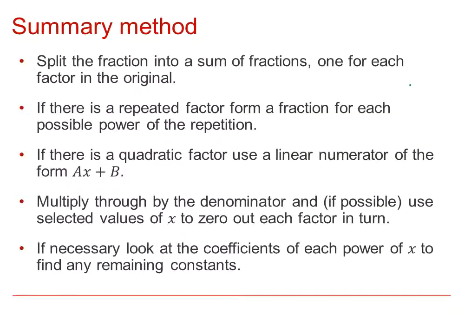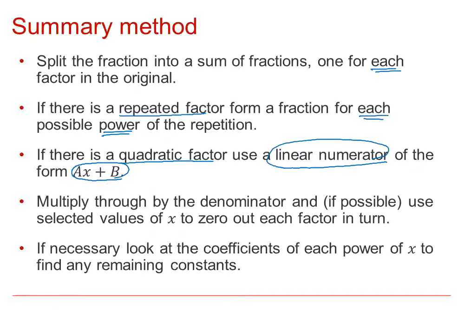If you've got linear factors, split the fraction into fractions, one each for the original factors. If there's a repeated factor, then you need a fraction for each of the powers that have been repeated. And if there's a quadratic factor, then you need a linear numerator, something of the form ax + b.